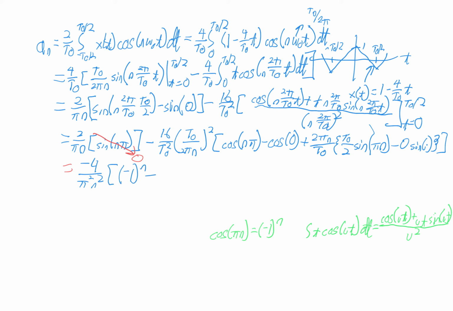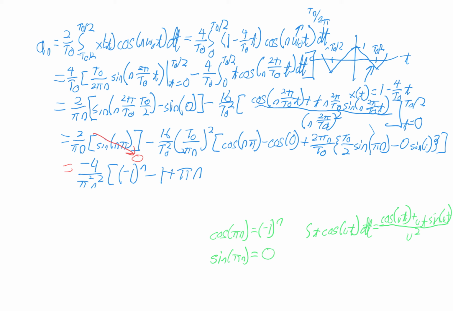Then we subtract cosine of 0, and then we add, and we cancel out the 2 pi n over t naught times t naught over 2, and all that's left there is pi n, and we multiply that by sine of pi n, and we can also make a simplification here. Sine of pi n is sine of 0 degrees, or 180 degrees, or 360 degrees.